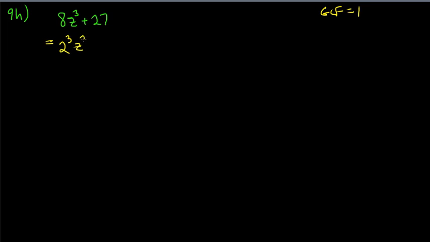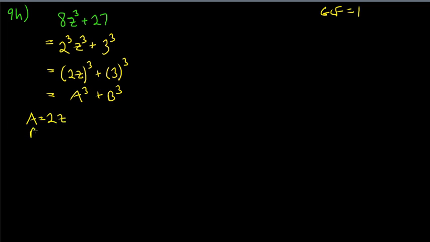Or 2 to the 3 times z to the 3. And 27 is 3 times 3 times 3. So 3 cubed. So this looks like it's going to be the sum of two perfect cubes, right? You can think of this as a cubed plus b cubed, where a is just 2 times z, and b is 3.